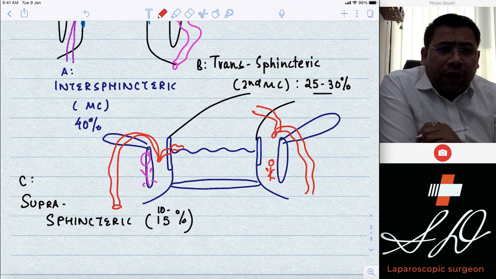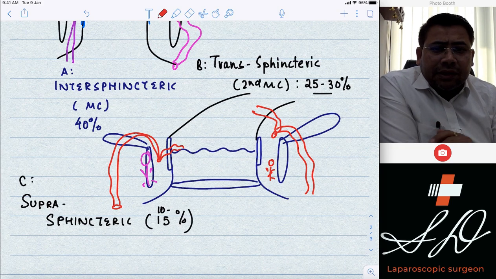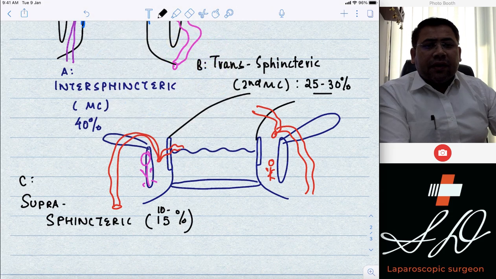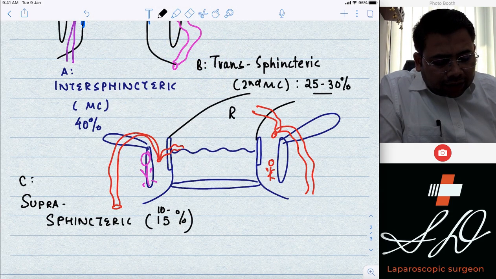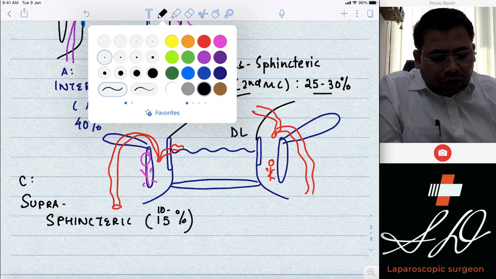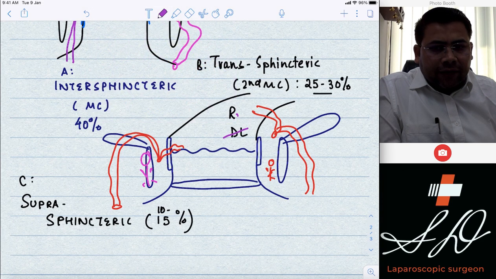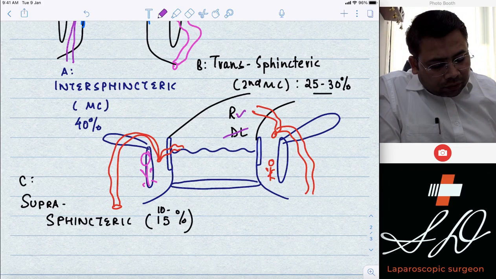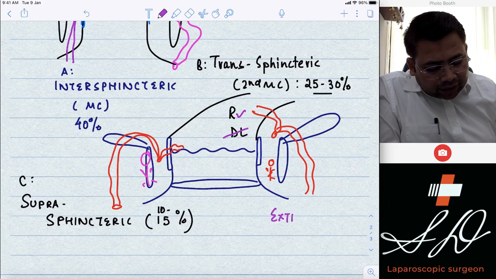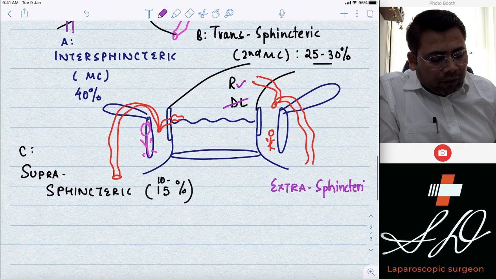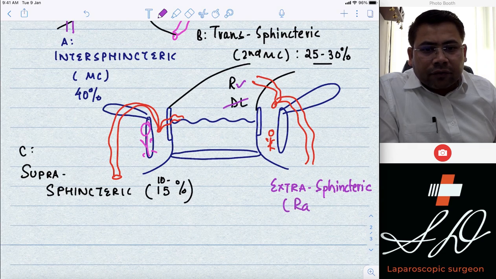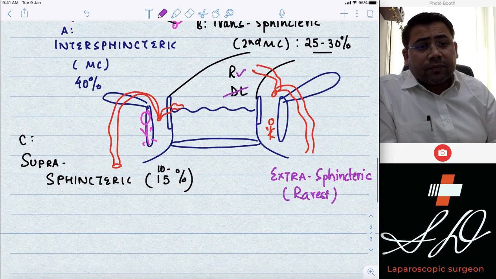Because this is quite away from the reach of sphincters, and this variety where the internal opening is at the level of rectum, not at the level of what? Dentate line. It is at the level of rectum. This is known as extrasphincteric. This is the rarest form of fistula.